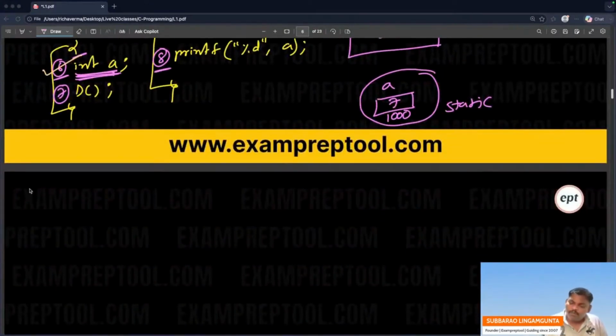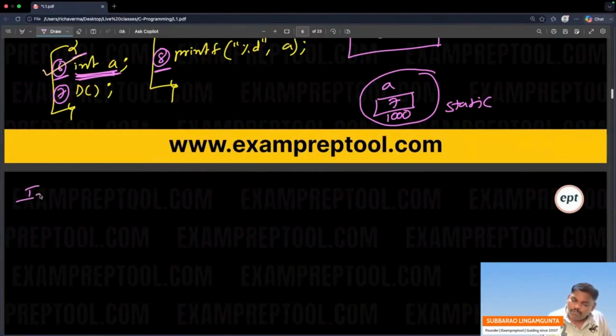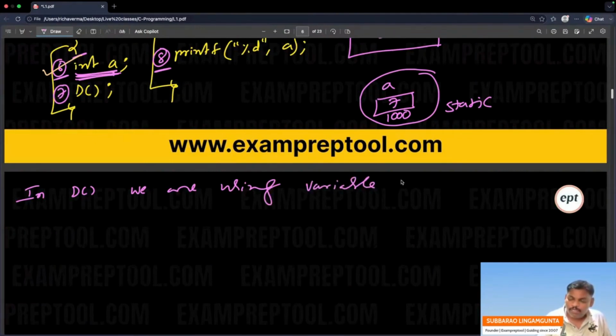Let me write it now. In D function, carefully everyone. In the D function, we are using variable A, which is not declared. Not declared means no memory. Means which is not available.